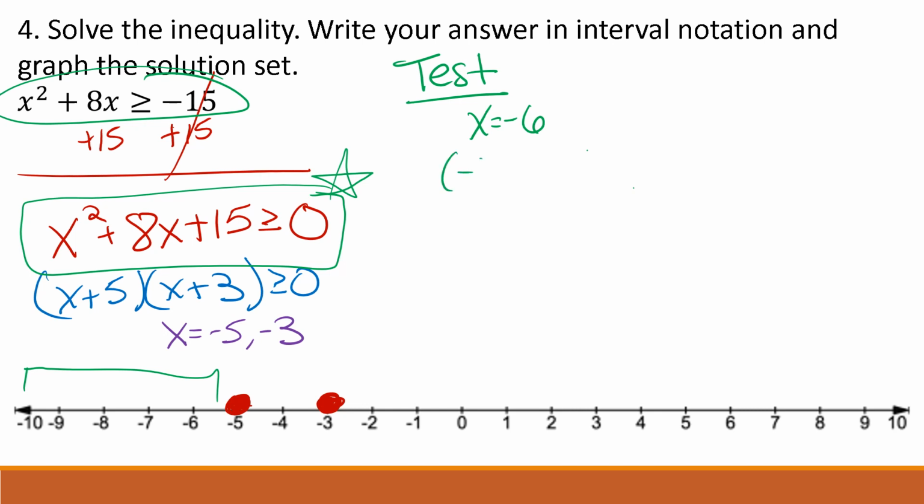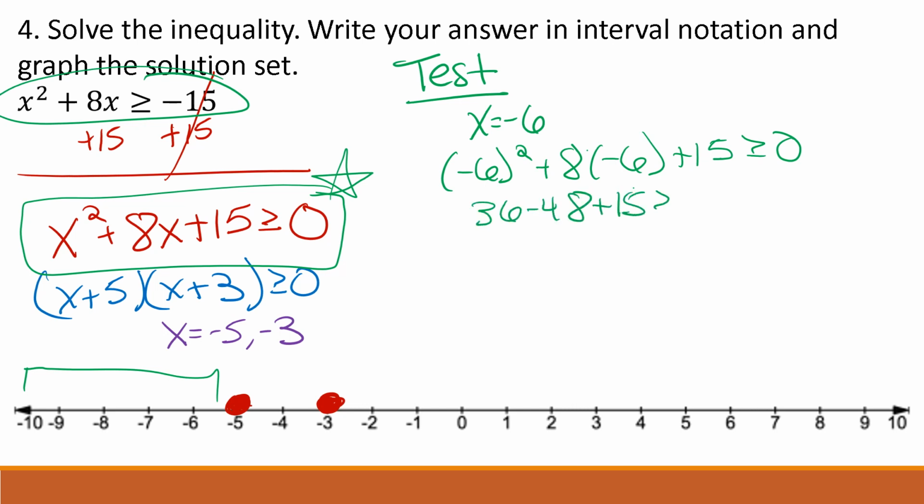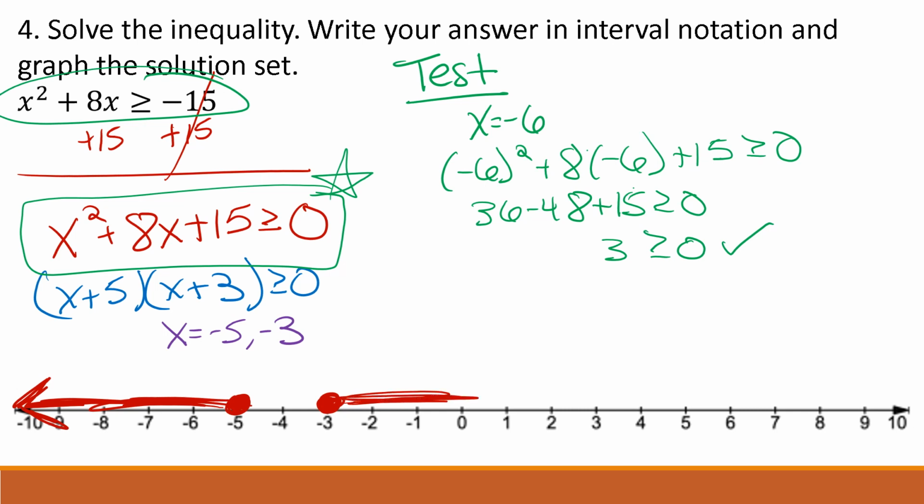So negative 6 squared plus 8 times negative 6 plus 15. So that'd be 36 minus 48 plus 15, which should be 3. So that does work. So we want to shade less than the negative 5. So that means we know that the other part we need to shade is the other way.